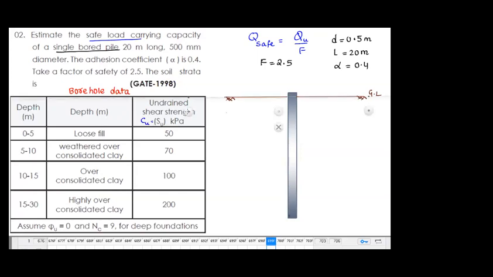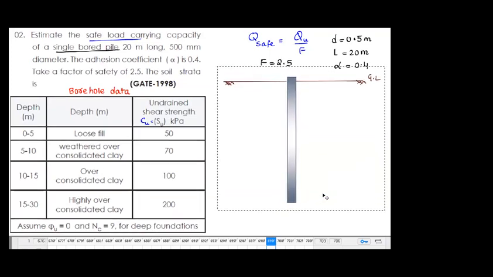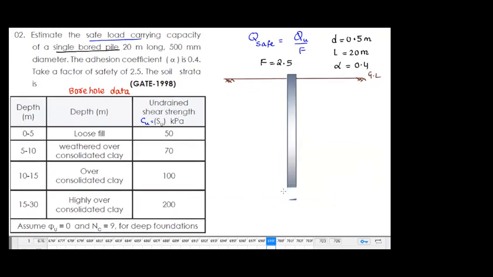So in the first 5 meters, the soil is a loose fill whose cohesion is going to be 50.